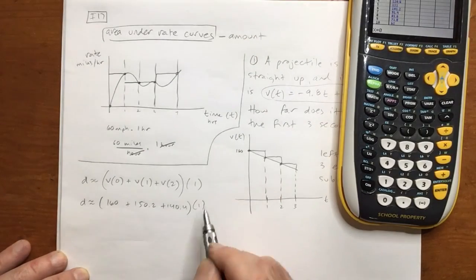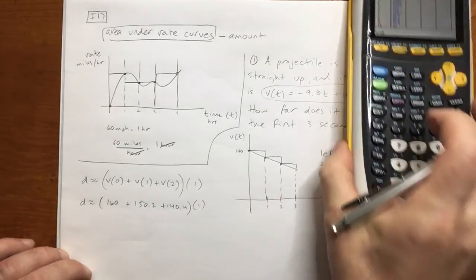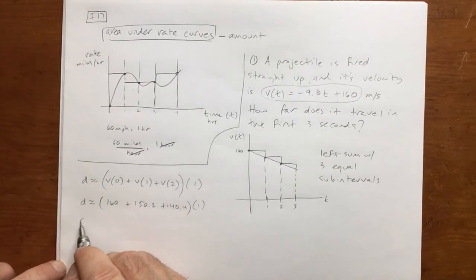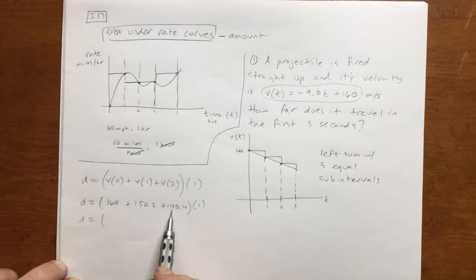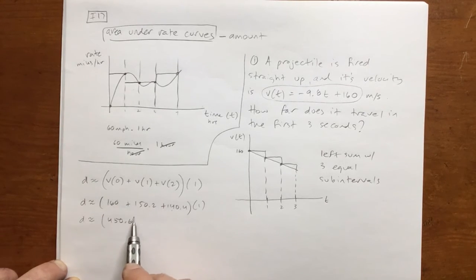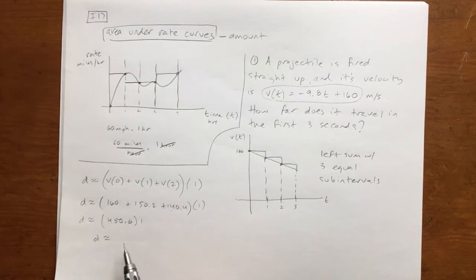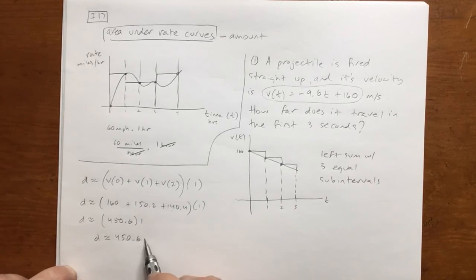All times that 1, which I'm going to ignore from now on. And then all I have to do is add them all up. That's 300.4, so 450.6 times 1. So the approximate distance traveled is approximately 450.6 meters.